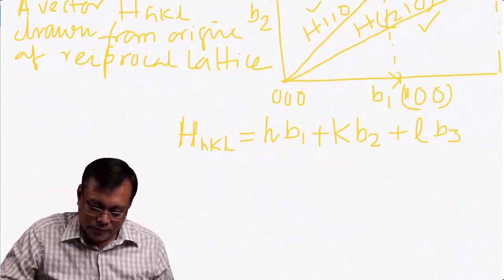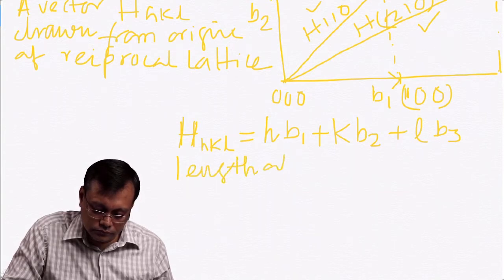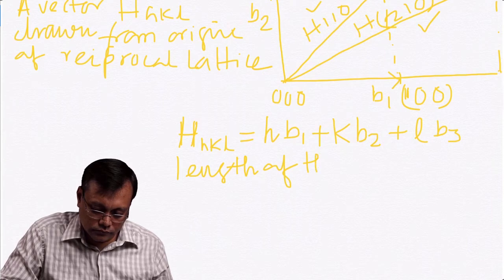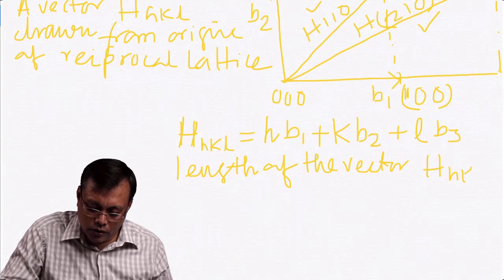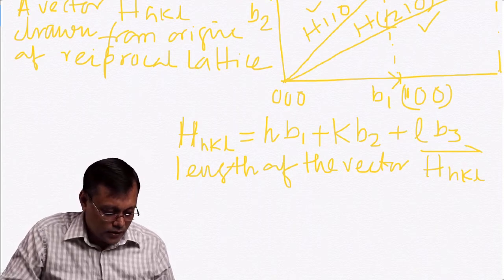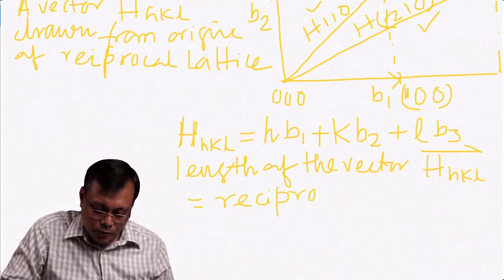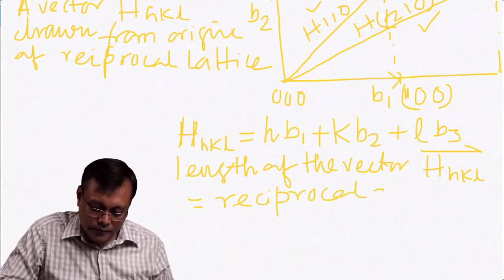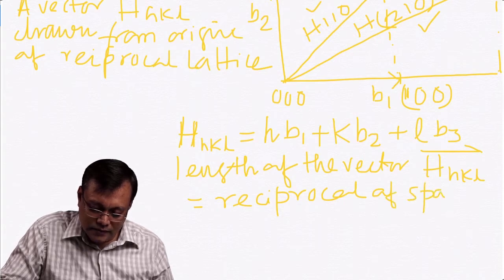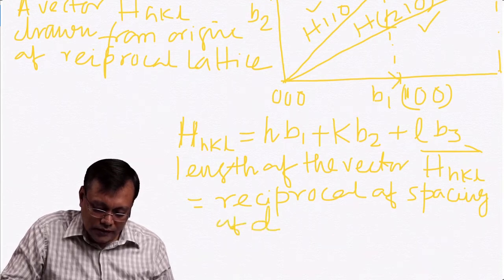The length of the vector capital H, small hkl, that is represented with this half arrow on the top, is equal to the reciprocal of the spacing d hkl.